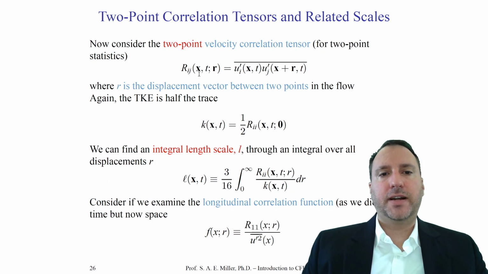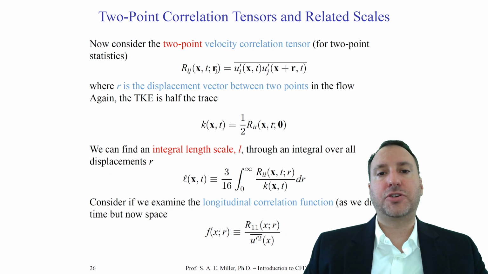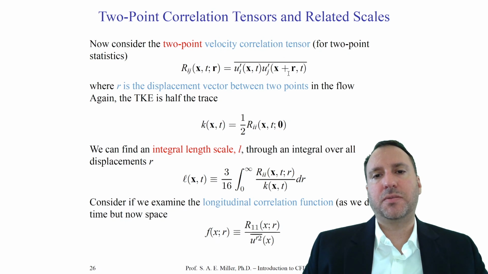It is now defined with arguments at some position x, some time t, and a new vector r. The right-hand side is very much like before, but here we are setting the first velocity fluctuation at position x. The second argument, uj prime, will now have x plus r. This is the original vector x plus another position in the flow, r. So this is a vector addition. They're both defined at the same time t.